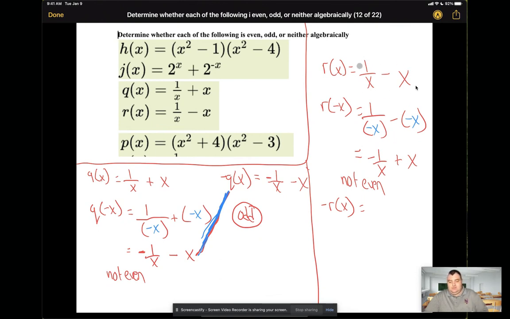So 1 over x becomes negative 1 over x, and minus x becomes plus x. Now I'm going to compare these two things. Are they the same? Negative 1 over x, negative 1 over x. Plus x, plus x. They are the same, so this is also an odd function.